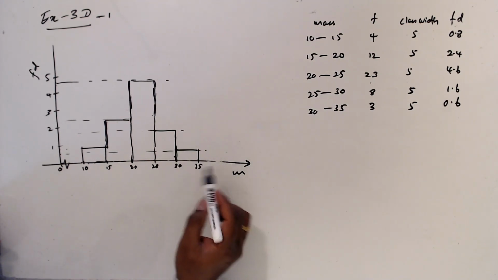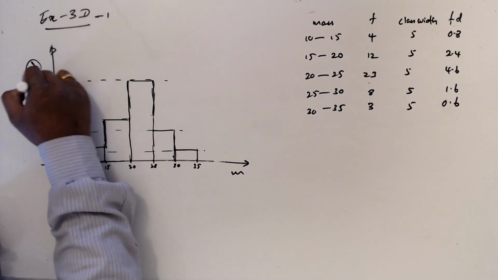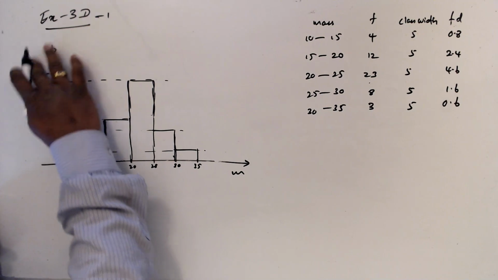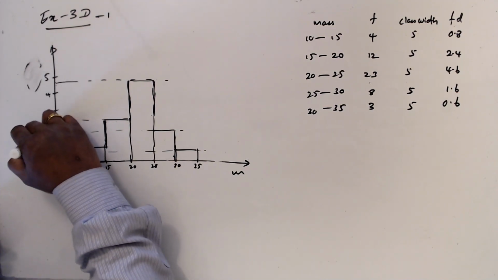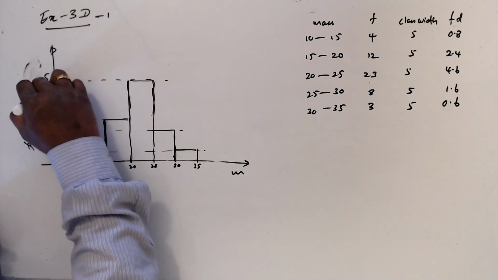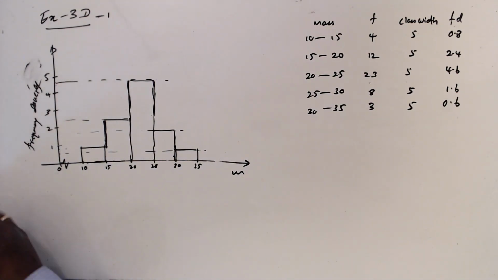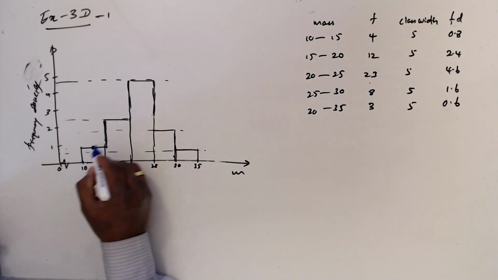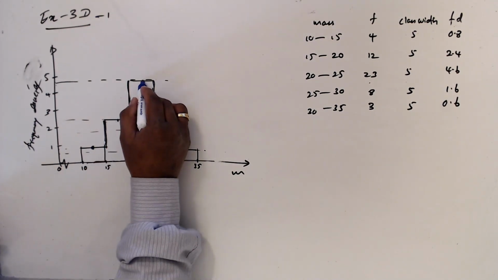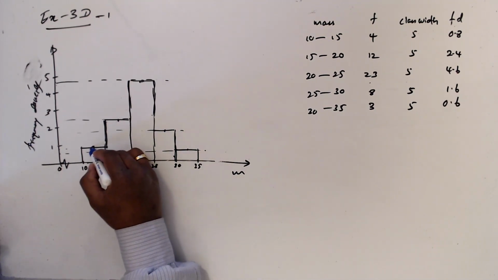So this is the histogram. Please write frequency density. And then we need to draw the polygon. So we'll take the middle place, and then we'll merge.